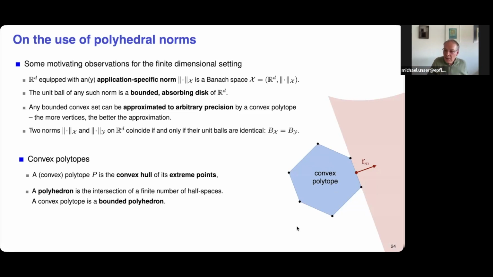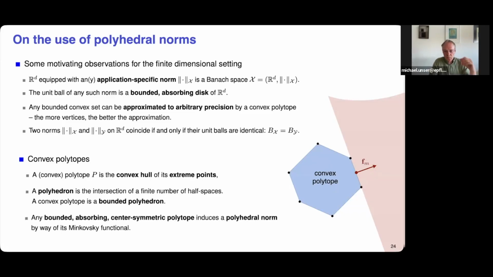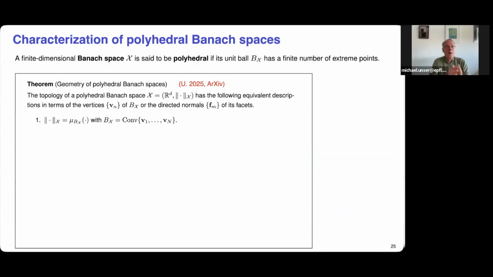If you take the intersection of all those half spaces, you're also able to regenerate your convex polytope. And once you have a convex polytope that is an absorbing disk, you can generate the norm by taking the Minkowski functional.